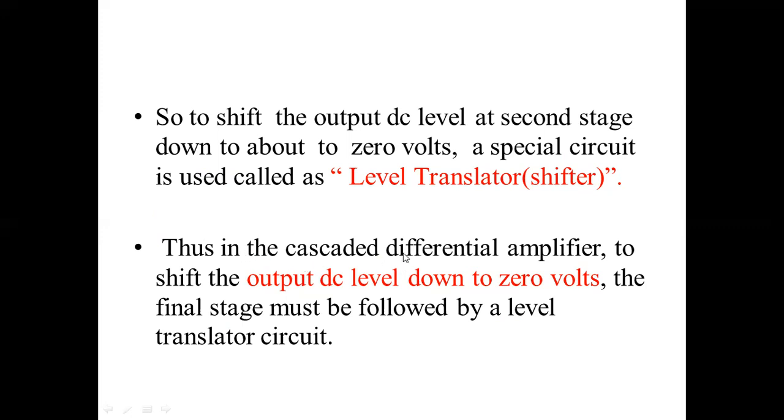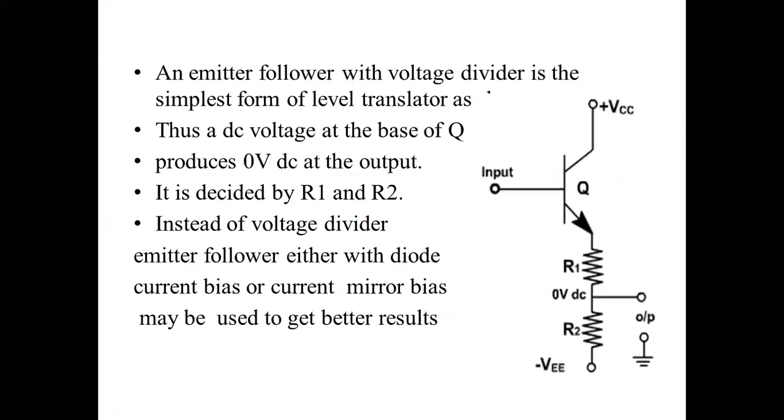Thus, in the cascaded differential amplifier, to shift the output DC level down to 0 volts, the final stage must be followed by the level translator circuit. It is according to our block diagram of the cascaded differential amplifier circuits. To put the DC output level towards 0, we require this kind of translator circuit.